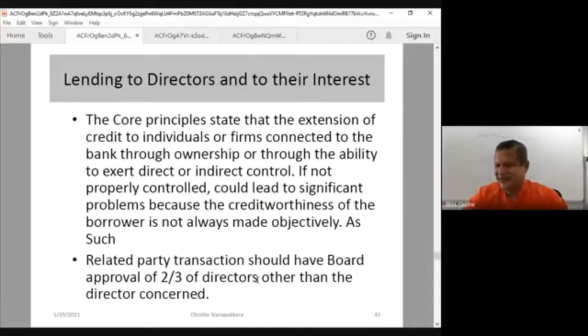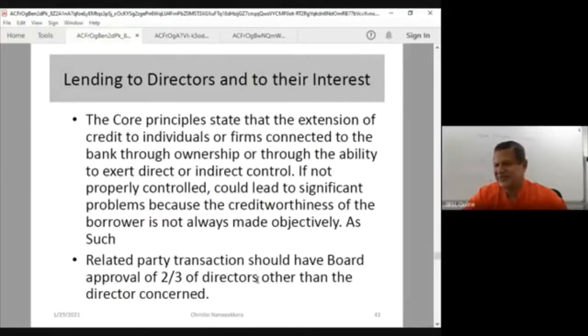And you will not be very strict in applying all the things we have discussed: analyzing of credit, evaluation, asking for collateral, covenants, increase in the price. They also will demand a very low interest rate. As a result, the central bank requires that such facilities be approved by the board of directors, and the board must have 2/3 of directors present when they approve it.